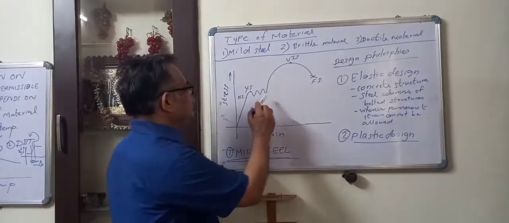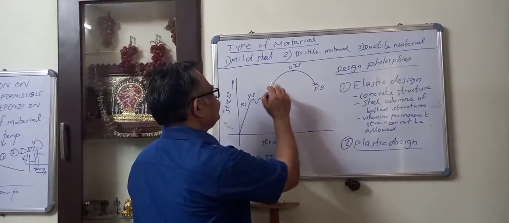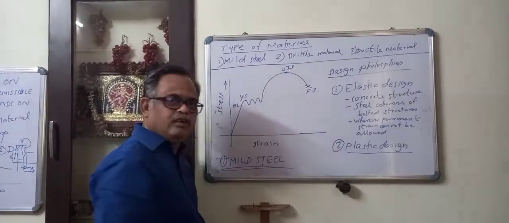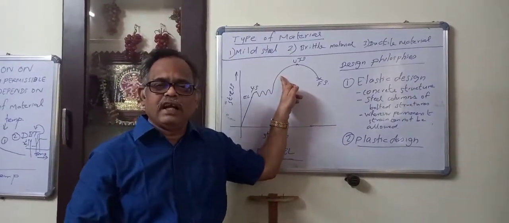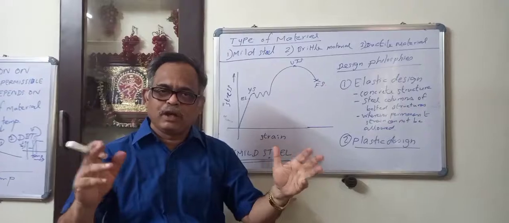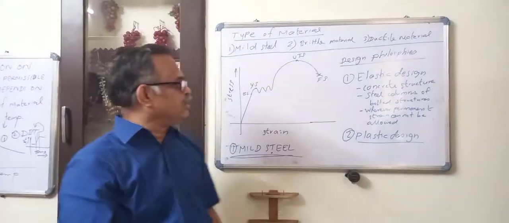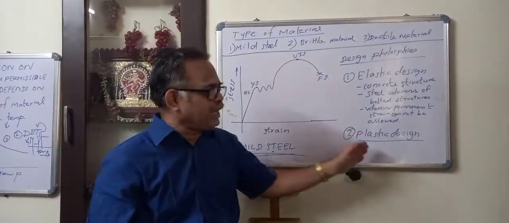In such cases, we take the design allowable stress above the yield strength, and the structure will become economic. So in such cases, we can go in for plastic design.